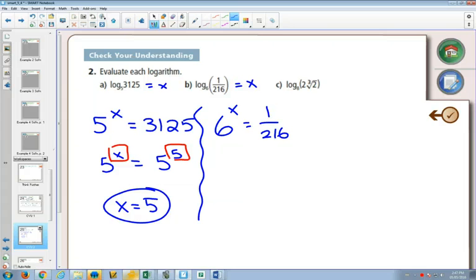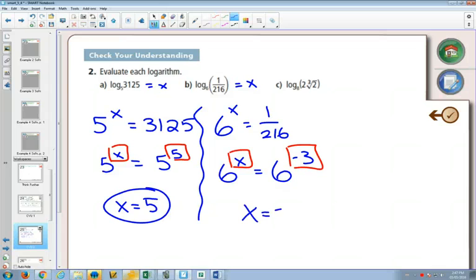And I think we added 216 to our powers chart. 216 is 6 to the 3, so what would 1 over 216 be? 6 to the negative 3. And now that our bases are the same, our exponents would have to be equal, so x would be negative 3.